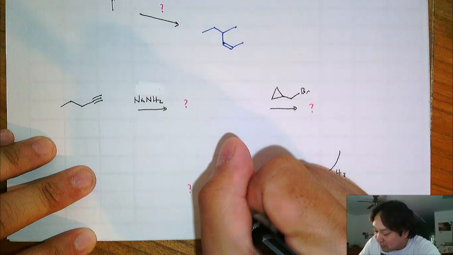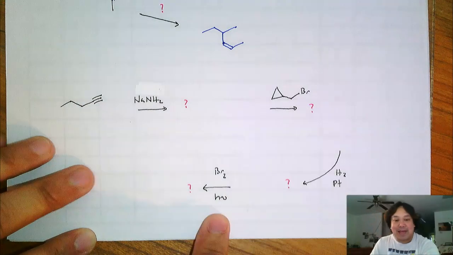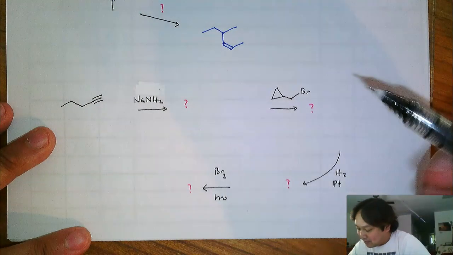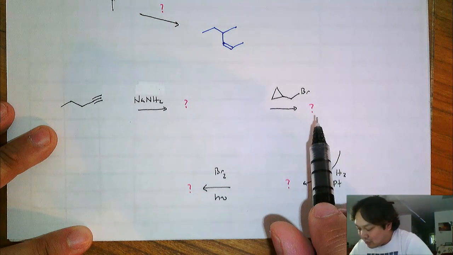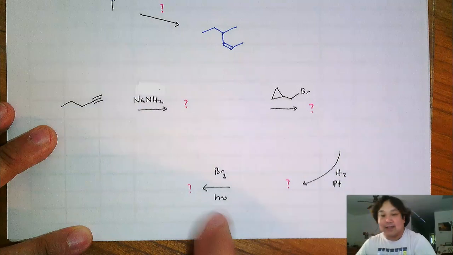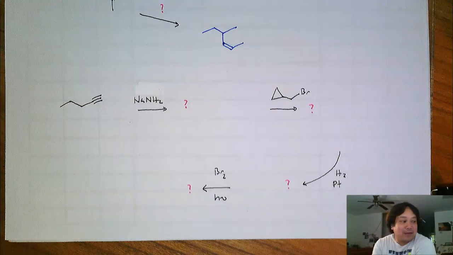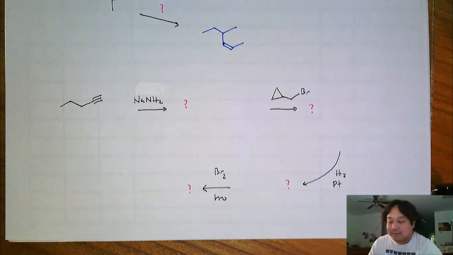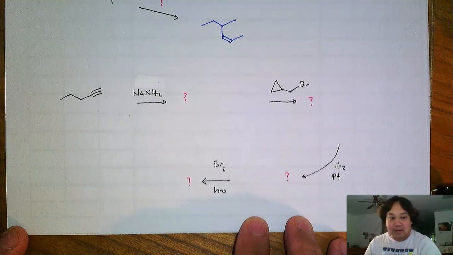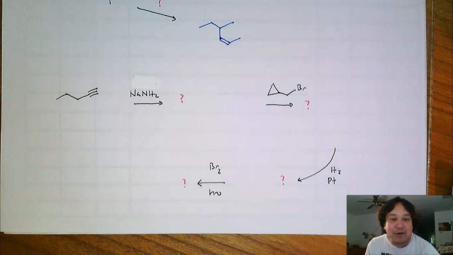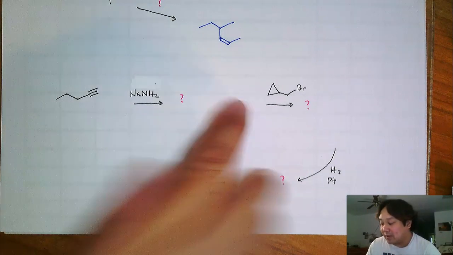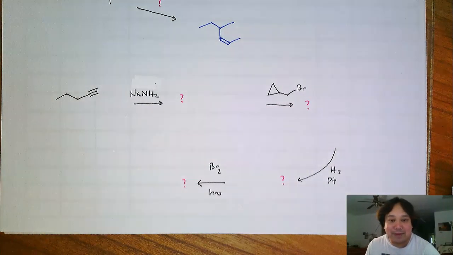Br2. Remember what that is? Okay. And I think we should get one major product here. Let me just double check. Yes. Okay. Alright. If you want, I'll do this with you. Pause the video, fill in the question marks, and then come back.